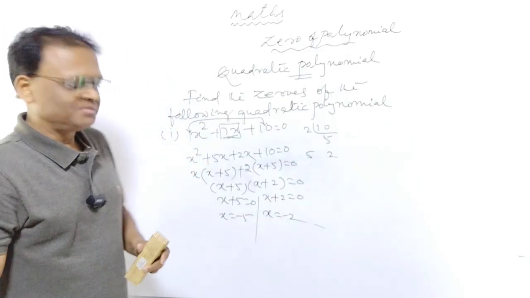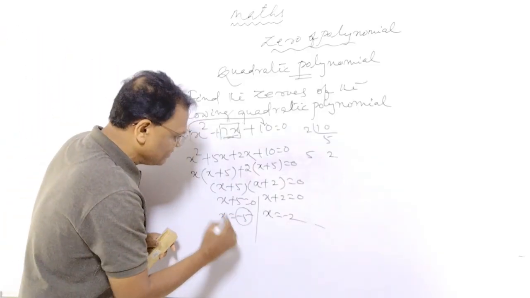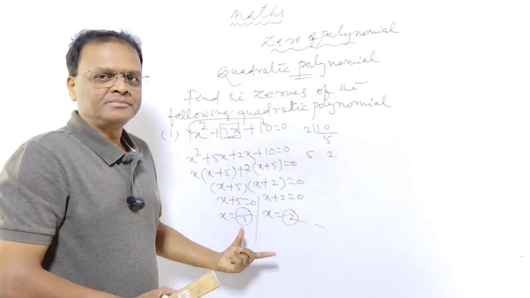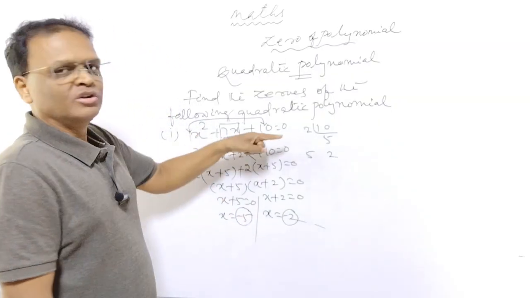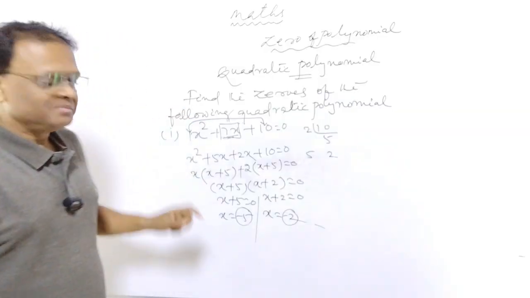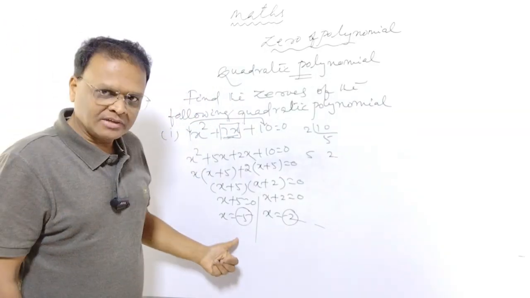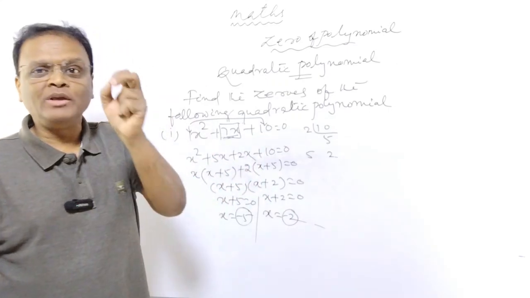I got the zeros. So what are the zeros of this polynomial? One is minus 5, the second is minus 2. This is the way how to find them. These two are the zeros of this polynomial. What does this mean? Instead of x, if I write minus 5, this entire polynomial will be equal to 0.